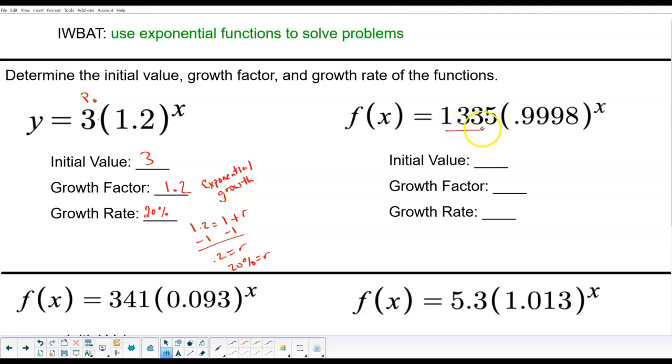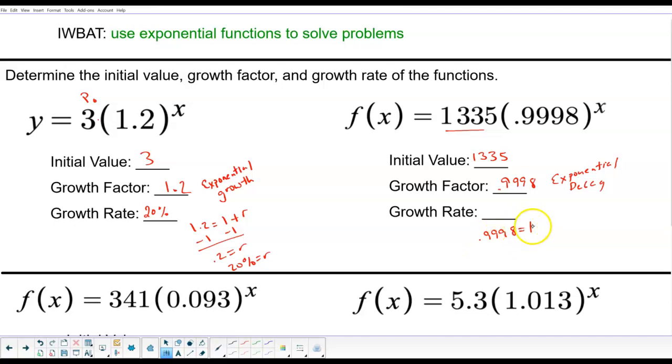Initial value. That's always the starting number, or if you plug x equals 0 in, that would turn this piece into 1, and we'd be left with the initial amount. The growth factor is what we originally called the B value. Notice this is less than 1, so this would be exponential decay. And then how do we find the growth rate? Same thing.